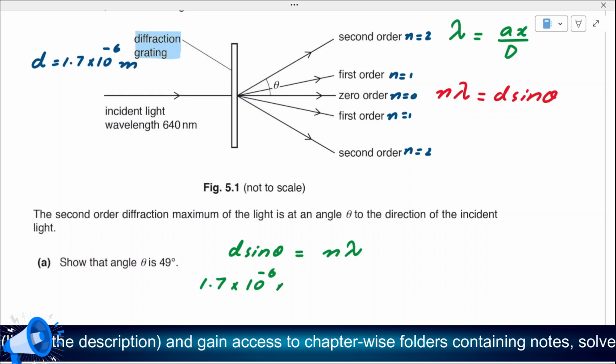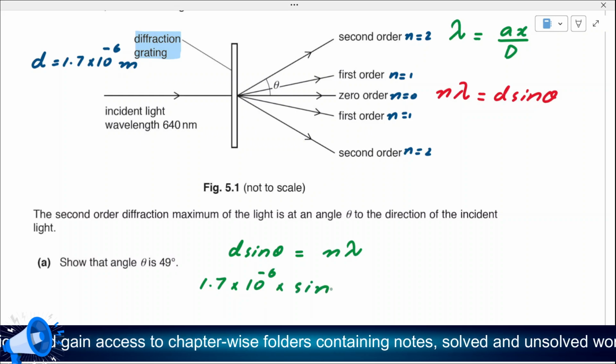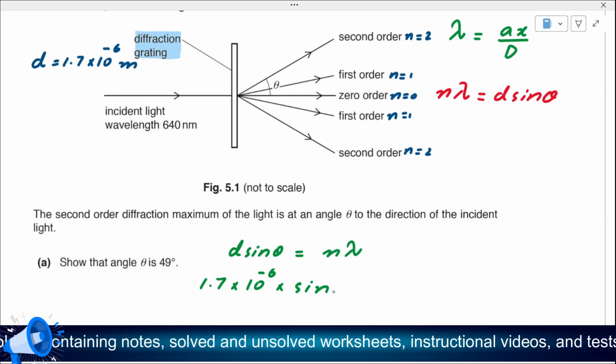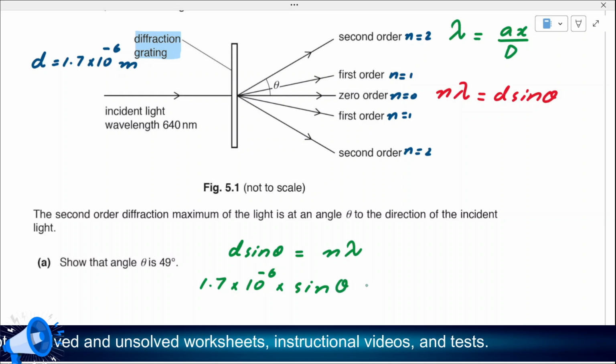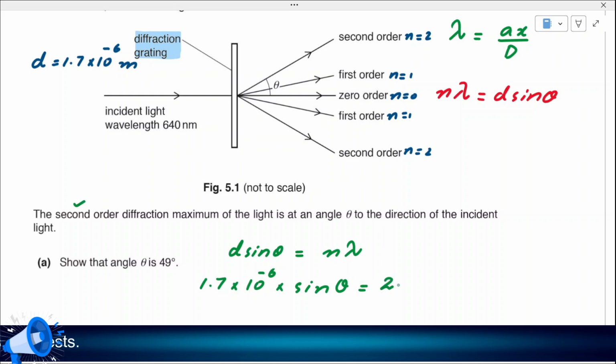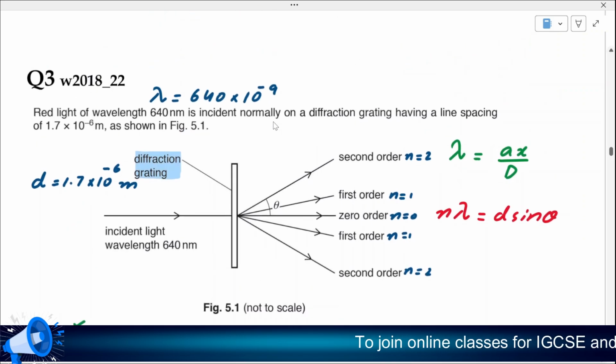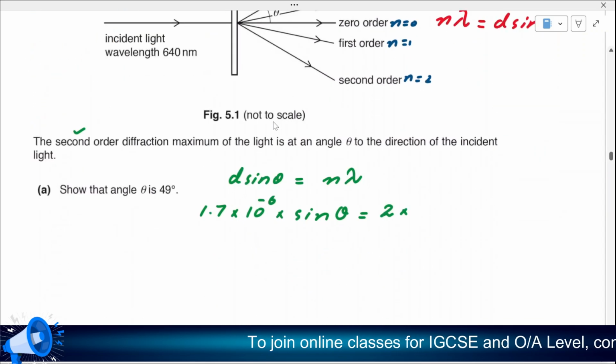And let me find the value of sine theta. You should not be inserting the value of theta, because this is what we are supposed to find. Our final answer should be 49. And for the second order, the value of n should be 2. And the wavelength was given as 640 into 10 to the power minus 9.